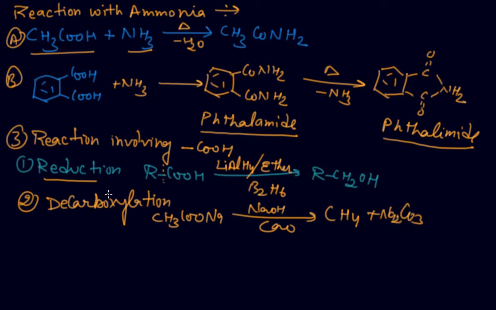Simple reaction, you must remember this one. Alkali metal salt of carboxylic acid undergoes decarboxylation on electrolysis of its solution and forms hydrocarbons having twice the number of carbon atoms present in the alkyl group. That means the third reaction is the Kolbe reaction, electrolysis. The Kolbe reaction is also an example of a reaction involving the COOH group.